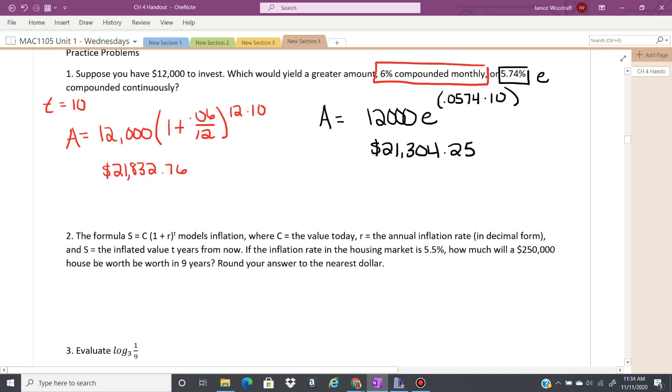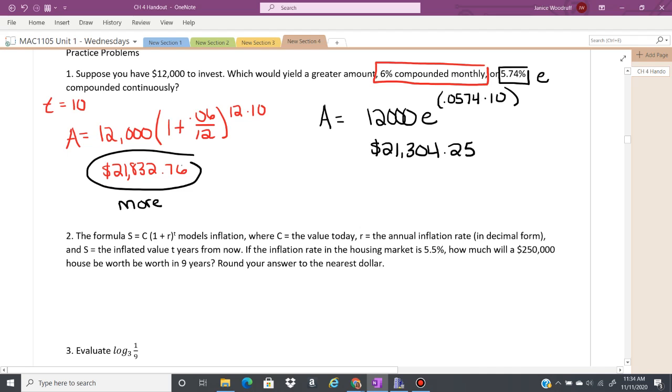So at this point, the 6% compounding monthly is going to yield more. Okay, because it's a higher interest rate. So what you want to do is check that this does not go higher than this at a certain point.